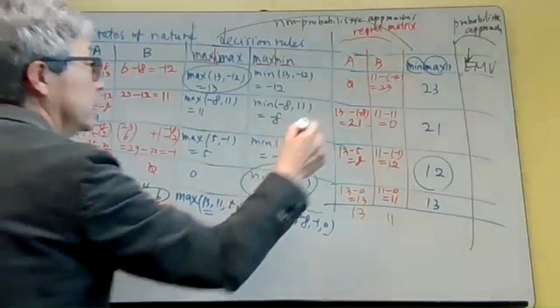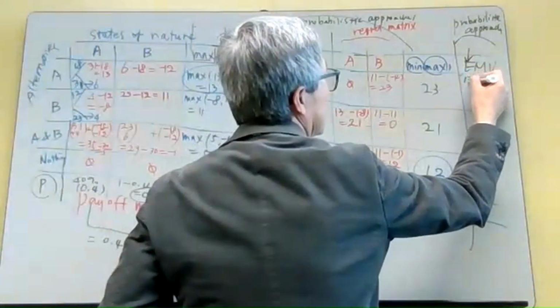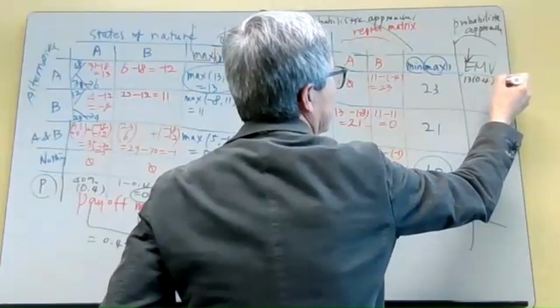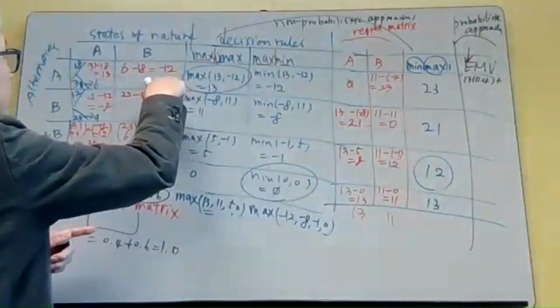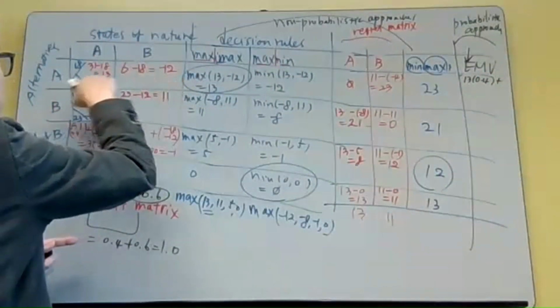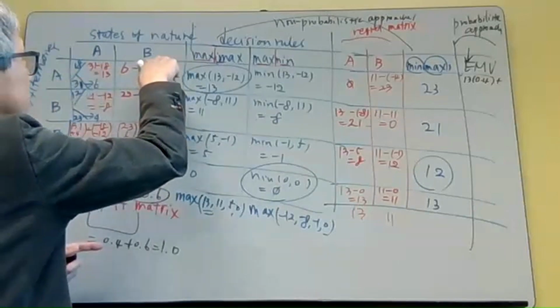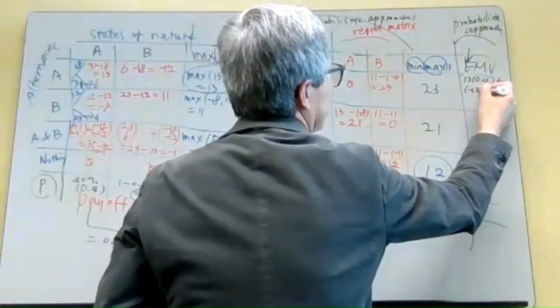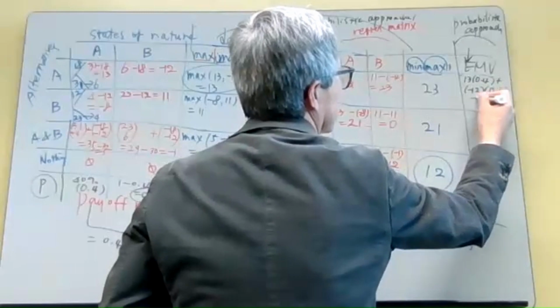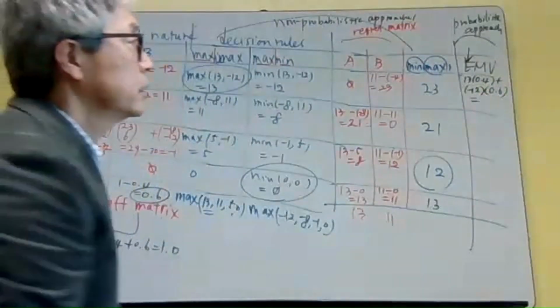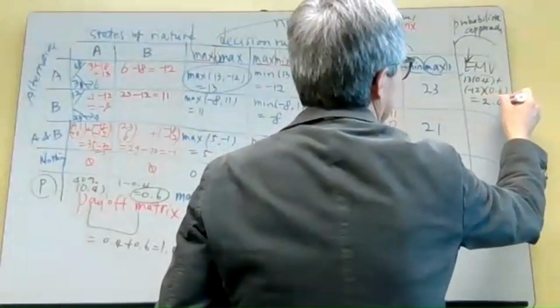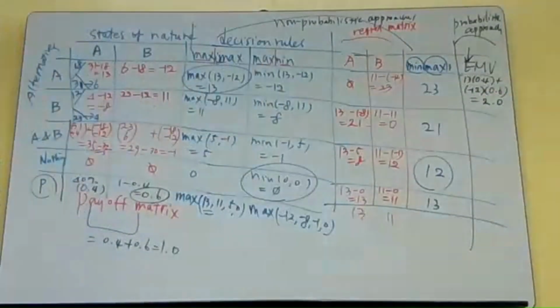So 13 times 0.4 plus the payoff for alternative A and state B, which is minus 12, so minus 12 times 0.6. Actually, this is 2.0. The unit of this is $1 million, so $2 million.